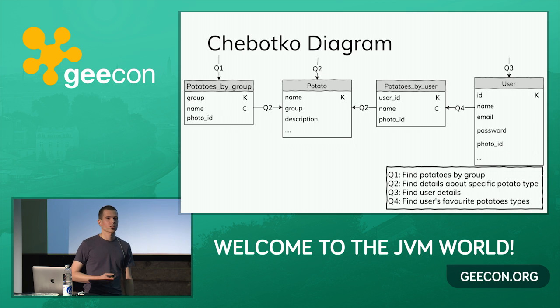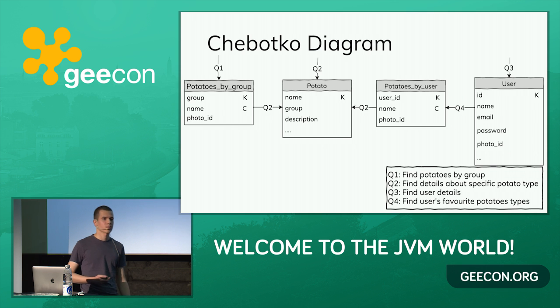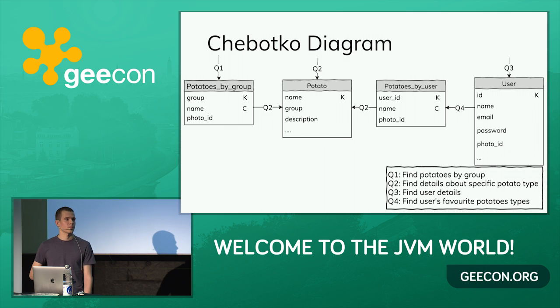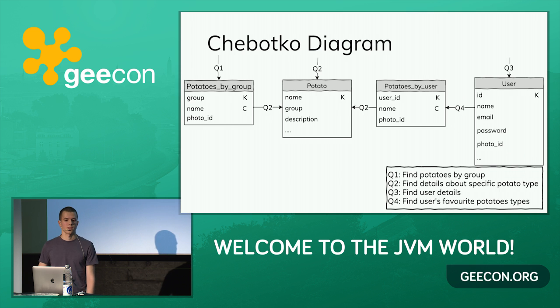And in the other part of your system, there may be some user profiles, and users may have some favorite potato types. So there's another table, potatoes by user, which just allows you to display a small list of favorite types. And again, when the user clicks an entry on such a list, this would get him to the potato details.